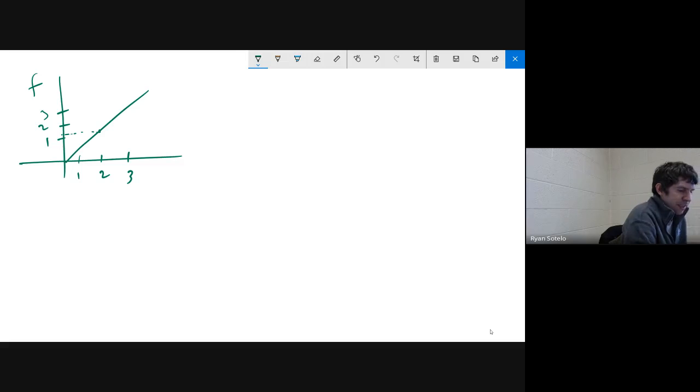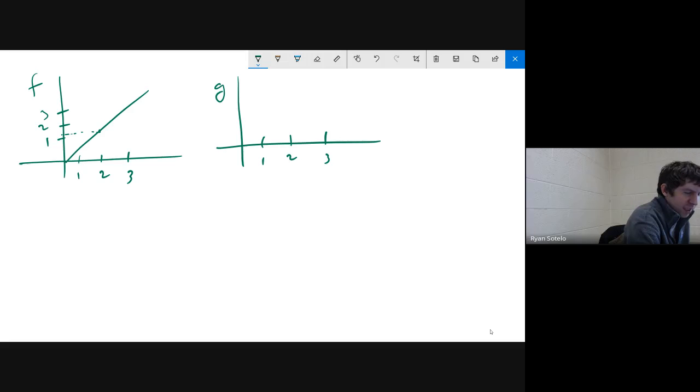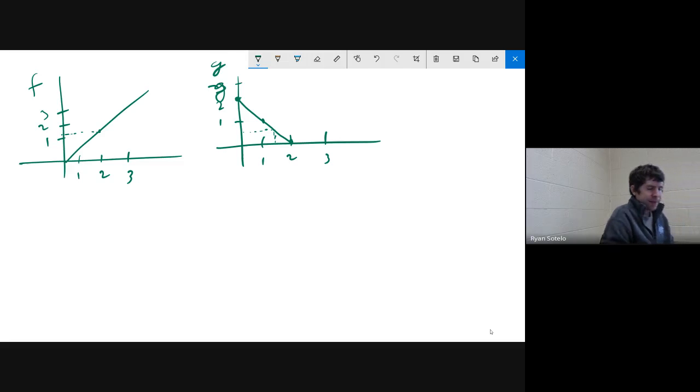And let's say g is a function where 2 goes to 0, 2 steps, so it's at 1. Well, whatever. So that means it's at a half at 1.5.